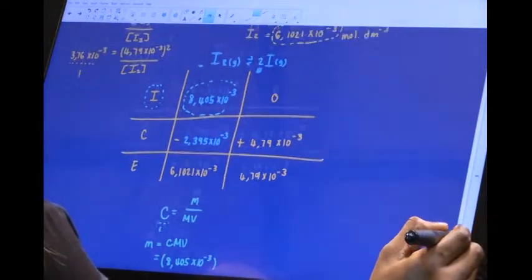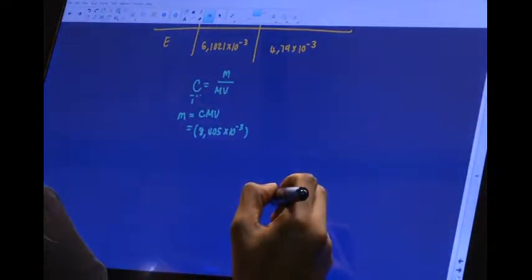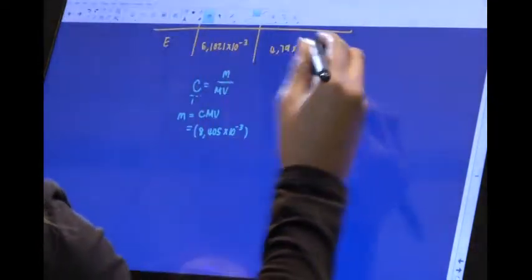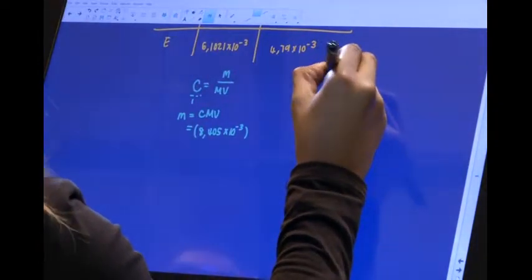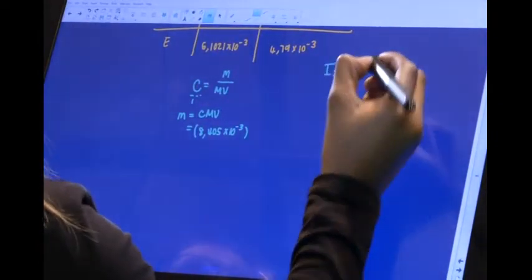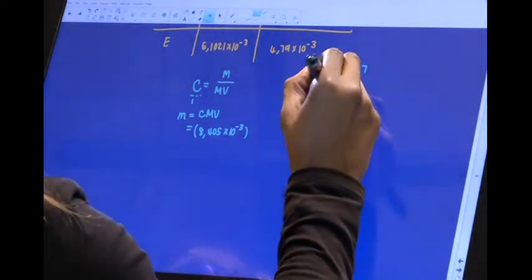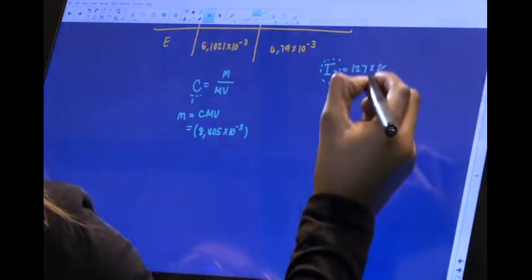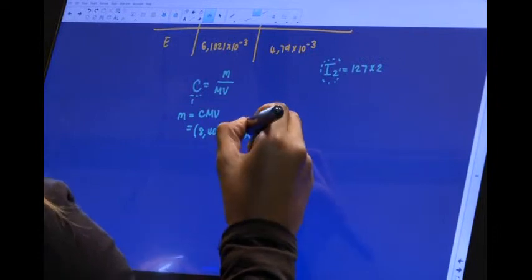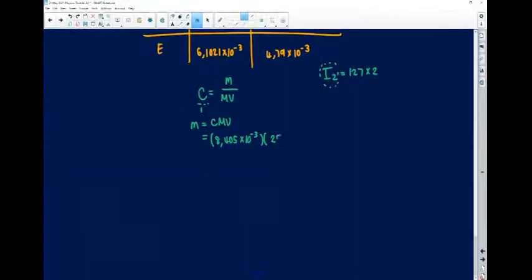And then I need to find my big M. Now remember, iodine is 127 on the periodic table. So my I2 is 127, and I've got 2 of those. So I just multiply this by 2, and then I'll find my iodine in grams per mole, which is 254.